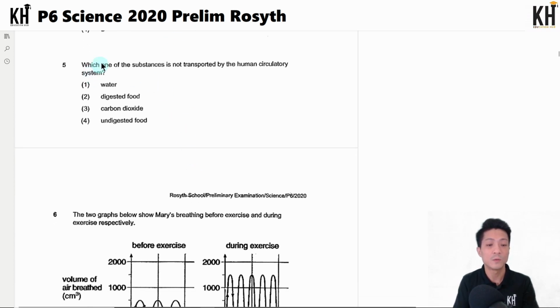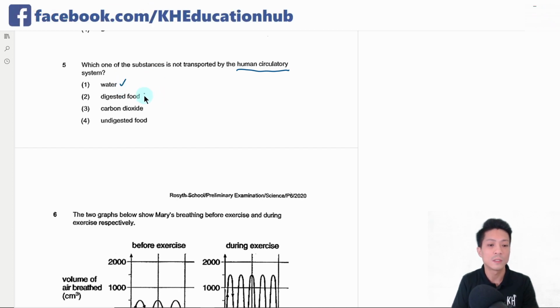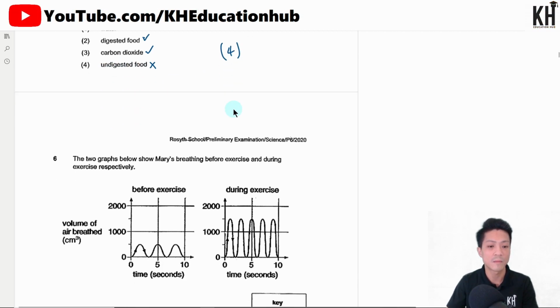Question 5. Which one of the substances is not transported by the human circulatory system? The circulatory system transports water. Digested food, yep. Carbon dioxide, yes. Undigested food is transported by the digestive system. So number 4 is the answer.